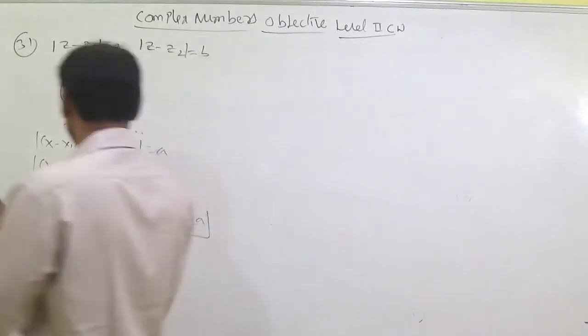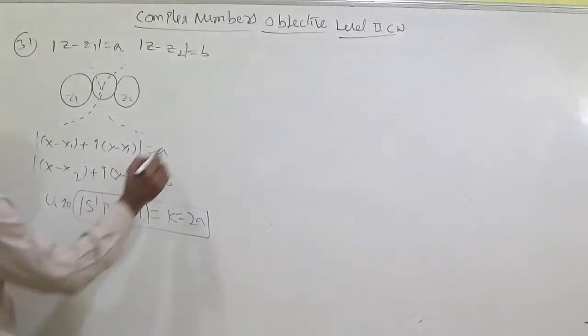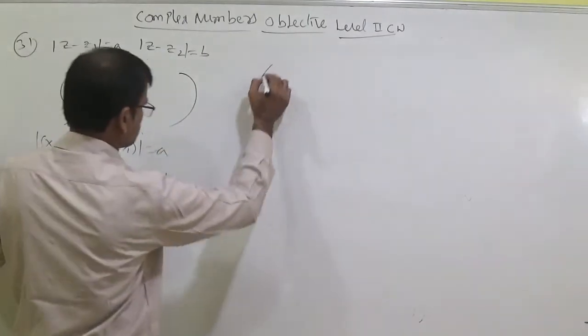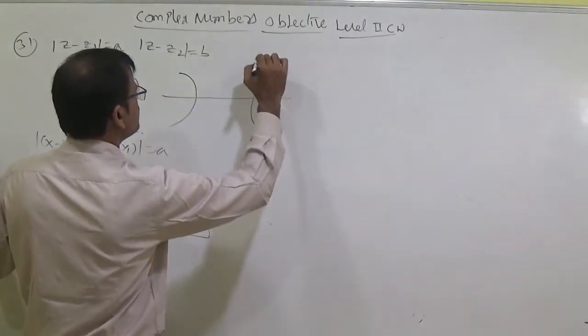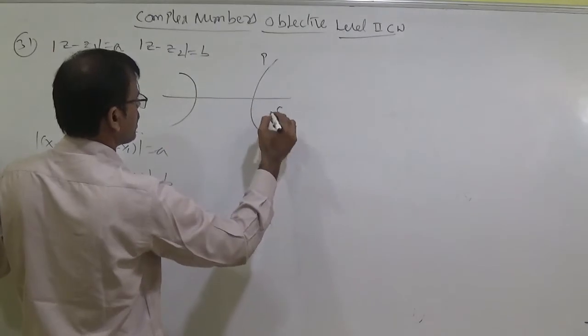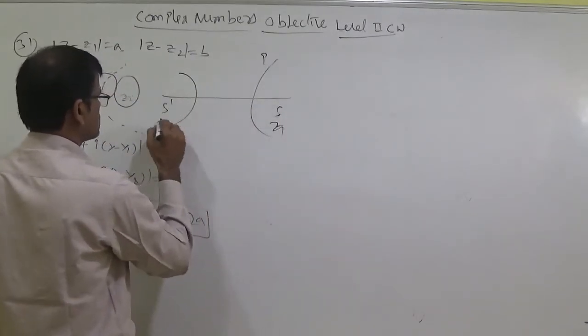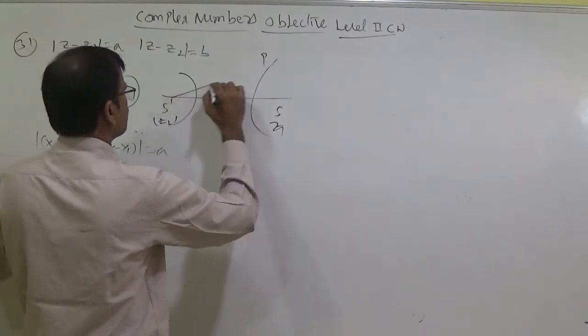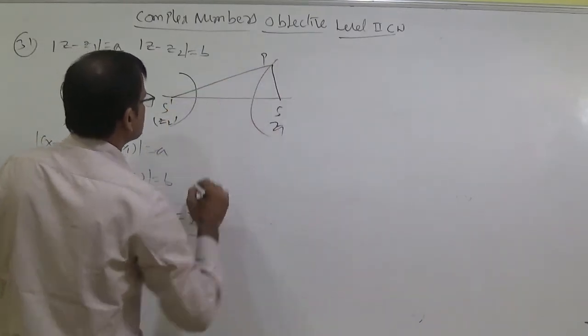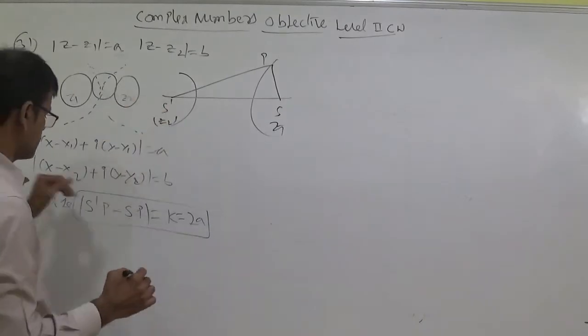Now you can understand, this is the hyperbola diagram. If P is any point on the hyperbola, S is a fixed point, here Z1, and S dash is a fixed point, here Z2. The difference of the distances from the two fixed points is a constant.